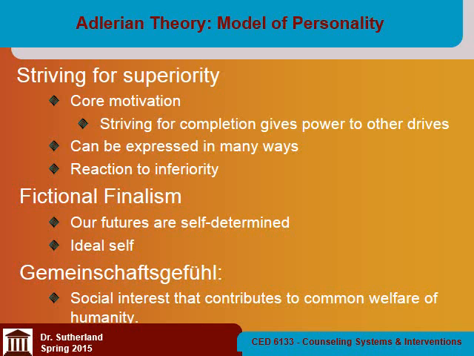And so we influence and we determine our futures by striving for some internally created ideal that is wrapped up in fictional finalism, and it is wrapped up in the striving for the ideal self, and that is the perfect person that we strive to become.